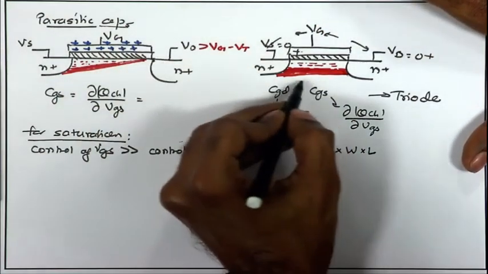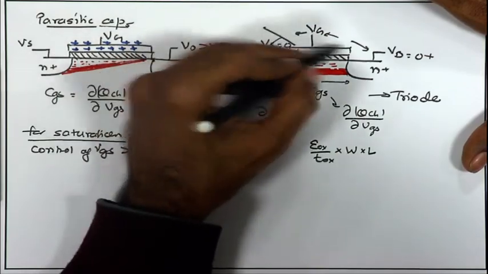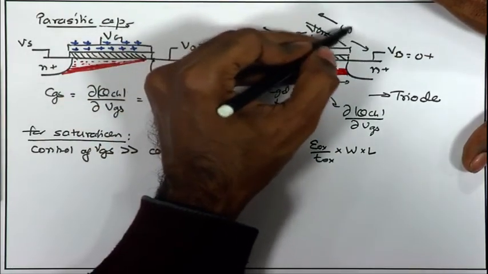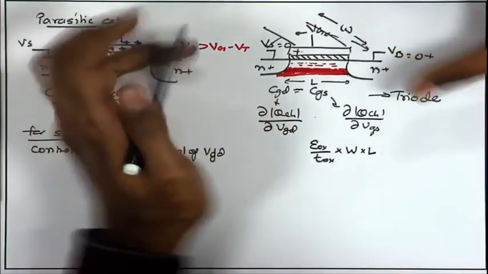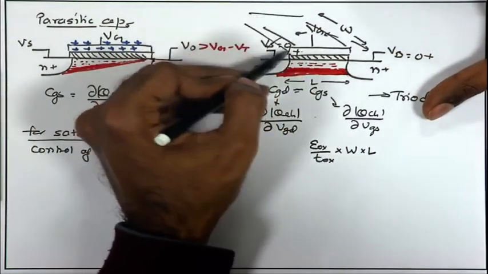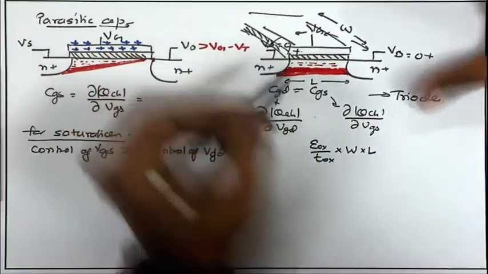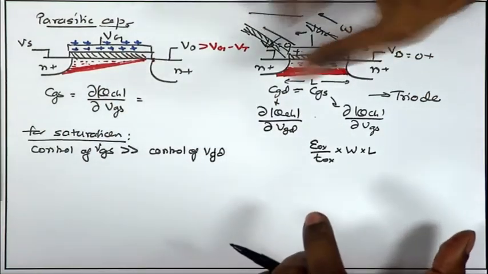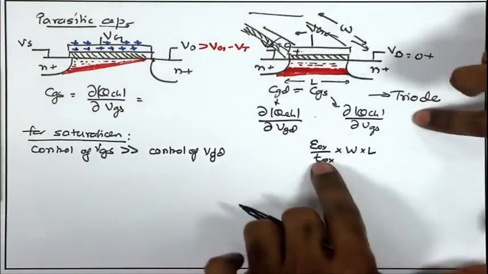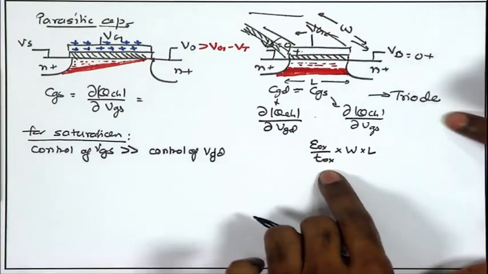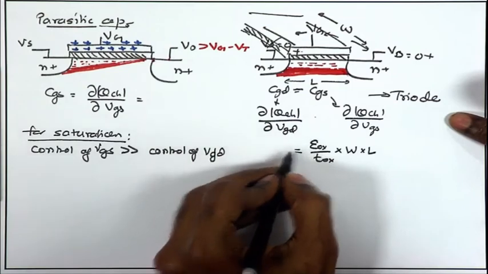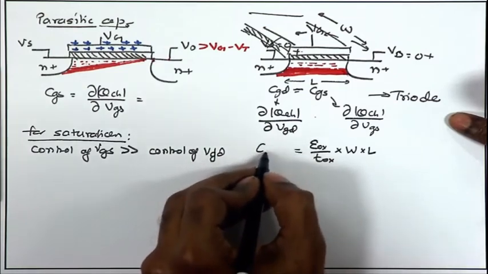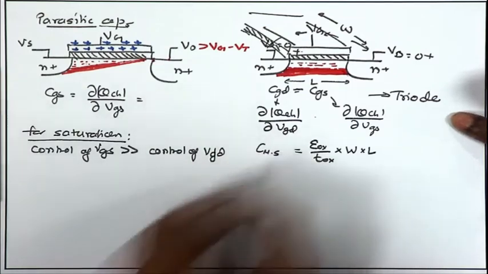So, L is the channel length and W is the width of the MOSFET in the direction perpendicular to the gate. So, this is just forming a parallel plate capacitance, and the total gate area W times L multiplied by capacitance per unit area, that is epsilon OX upon TOX, gives me the effective C metal silicon.